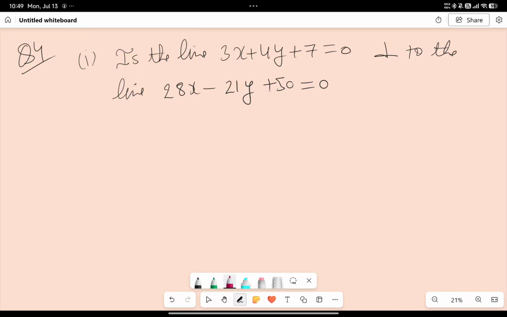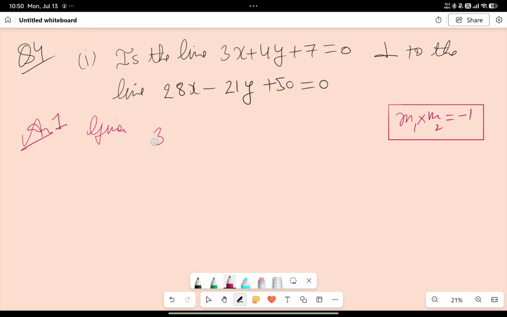Nice question. They're asking if both are perpendicular. So we need to find their slopes and multiply them. If their product is minus 1, meaning m1 into m2 is minus 1, then they are perpendicular, otherwise they're not. So given 3x plus 4y plus 7 equals 0.